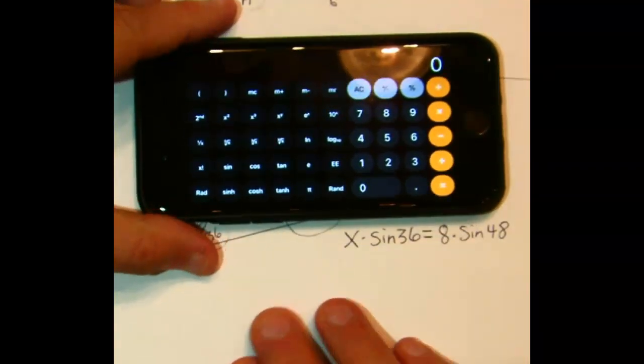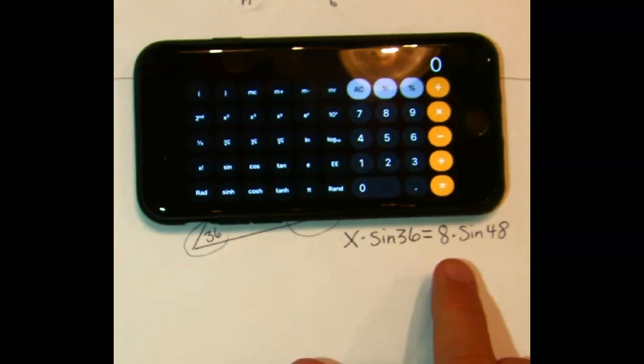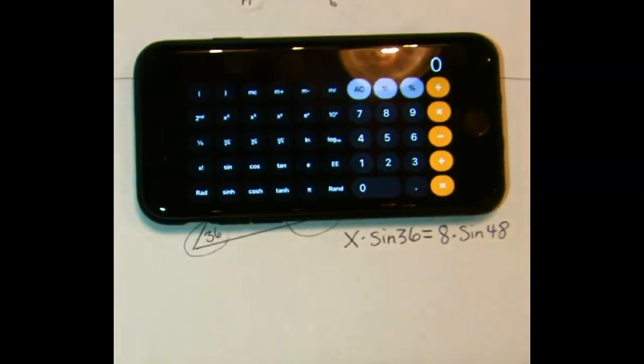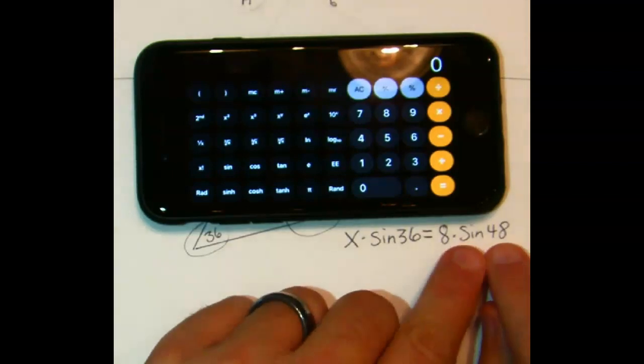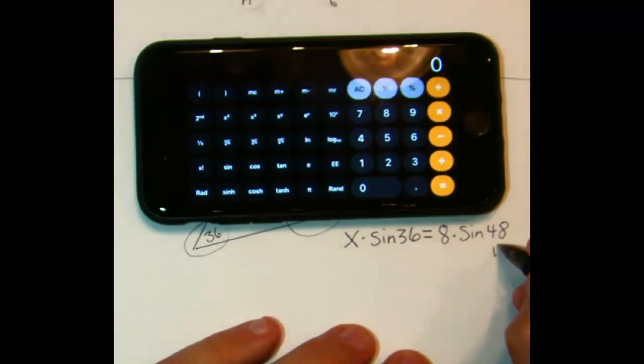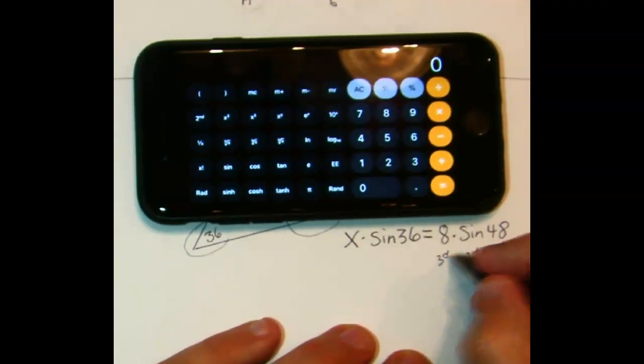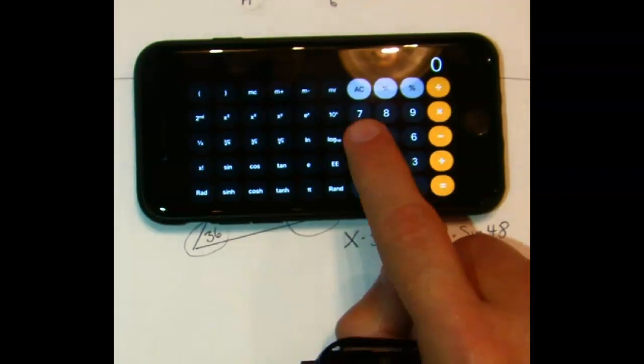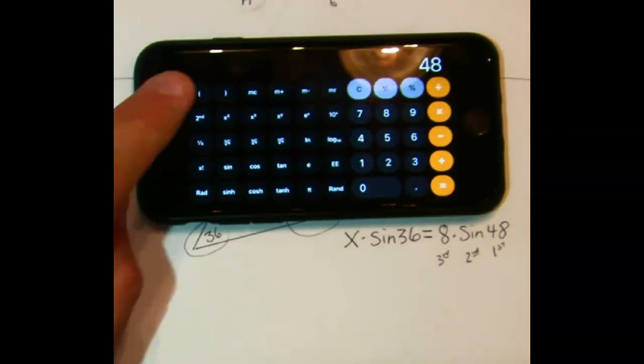So over here I have 8 sine 48. But these are different than the scientific calculators or the TI-84s, so we're going to have to do things backwards. You need to put in 48 first. So: first, second, third. 48, sine.